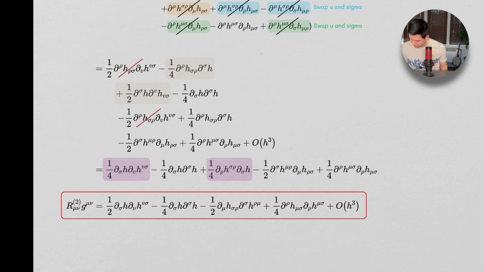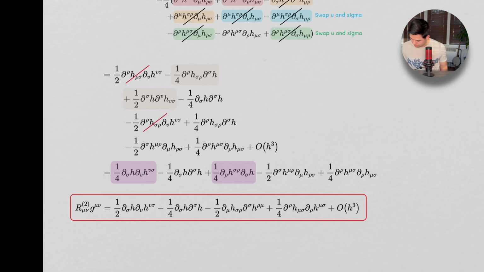Let's see here. So this term here is right here. So this term here is actually this term right here. Right, so this term here is this term right here. And then this term here is right here.